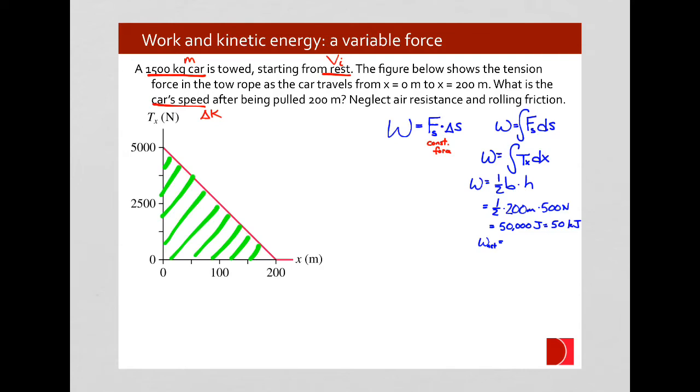We're told to neglect friction and air resistance, etc. So this work done is our change in kinetic energy, which is the final kinetic energy minus the initial kinetic energy. In this case, we're told that initially we're at rest, and so the initial kinetic energy must be 0.